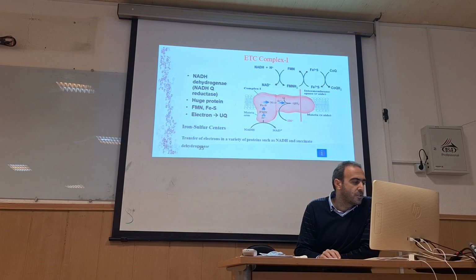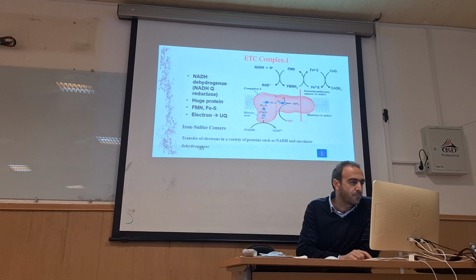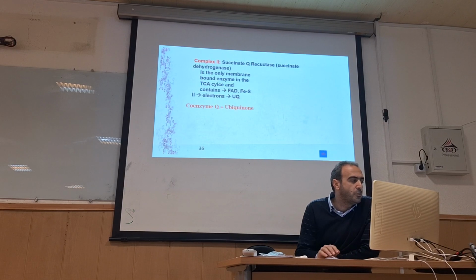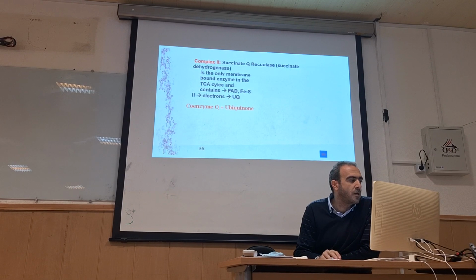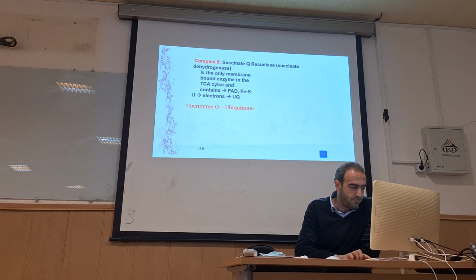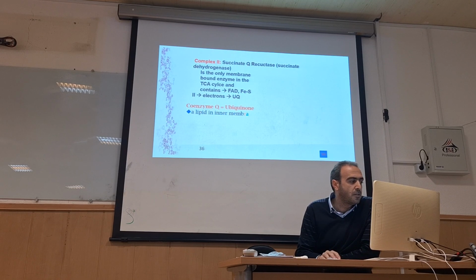It has an iron sulfur center and FMN. Complex number 2, the name is succinate dehydrogenase or succinate-Q reductase. It is also a part of the Krebs cycle. It contains FAD and iron sulfur, and gives electron again to the ubiquinone.